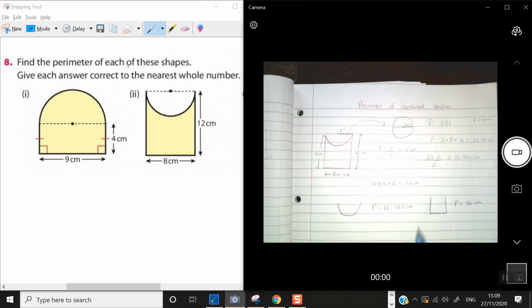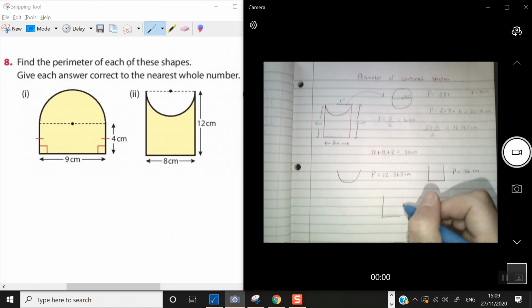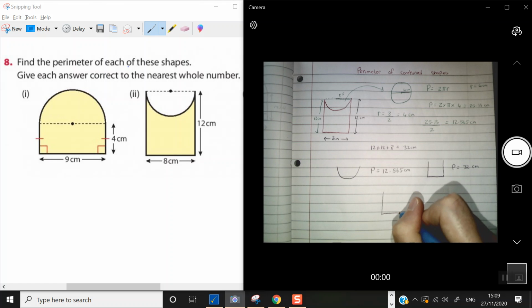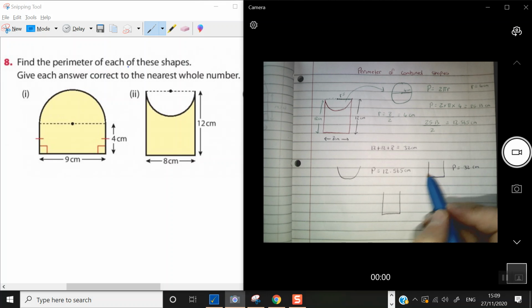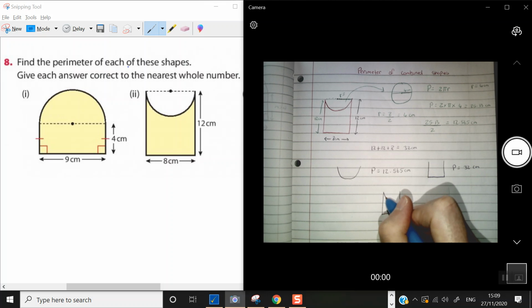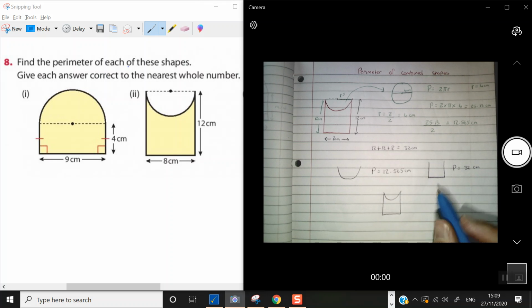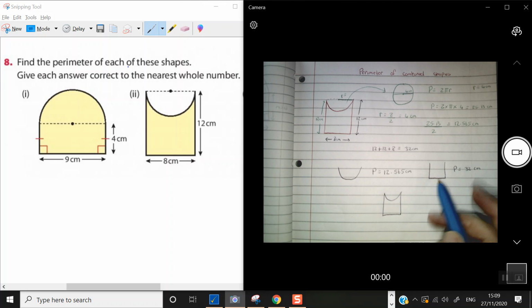And then the perimeter of the combined shape, so the combined shape is like this. That piece plus this piece is going to be equal to these two amounts added up.